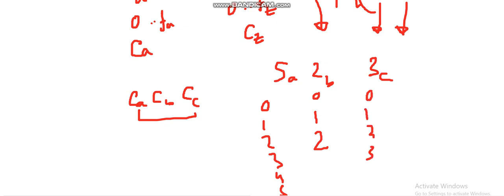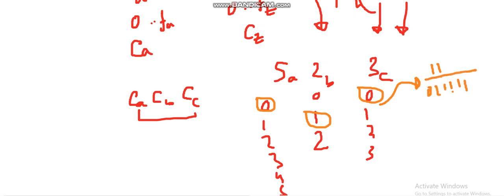So we can take anything from this, anything from this, or anything from this, pick these three things and put them in our formula. Let's say for this the formula will become 1 factorial divided by 0 factorial into 1 factorial into 1 factorial.